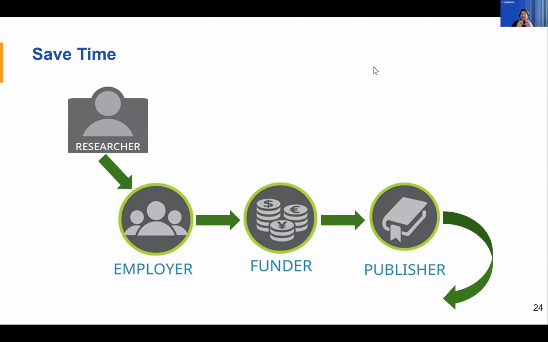So ultimately, the idea here is saving time, right? If you're a graduate student right now, eventually you're going to move on to do more research. As a researcher, you get to work at higher ed or a research institute or other areas.